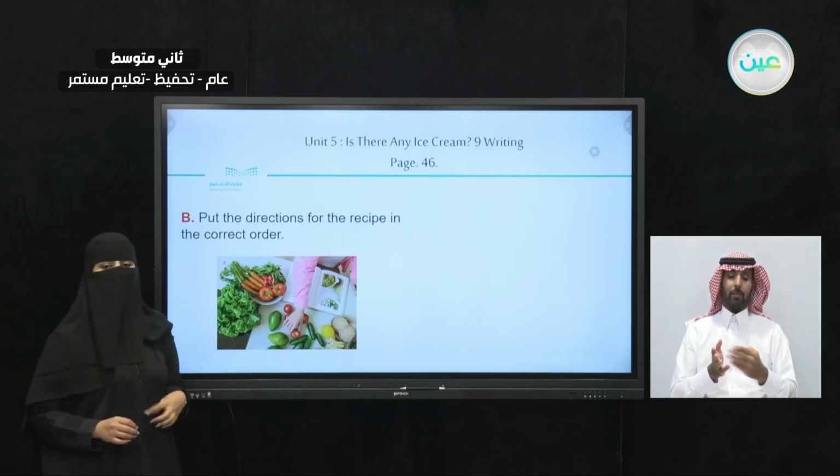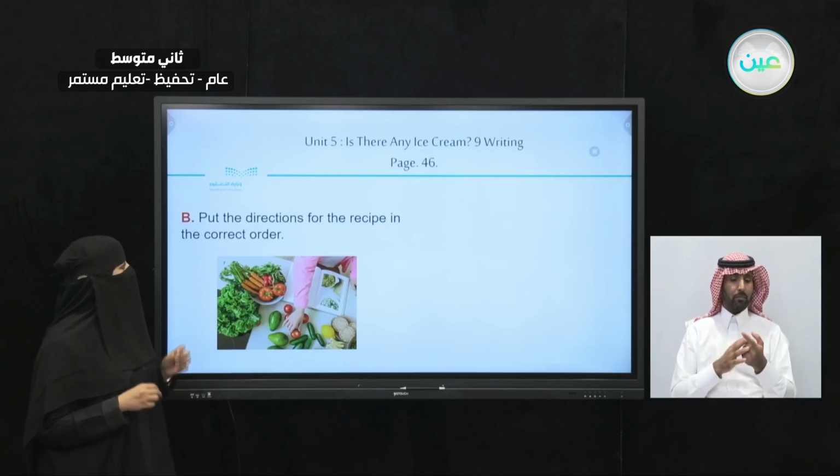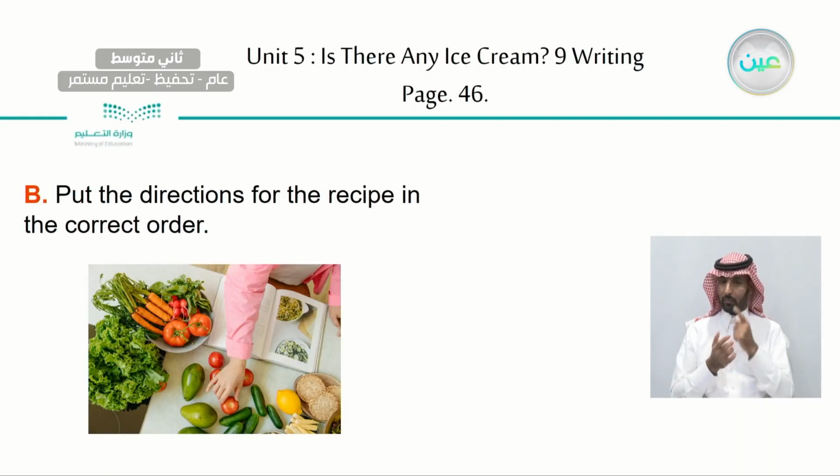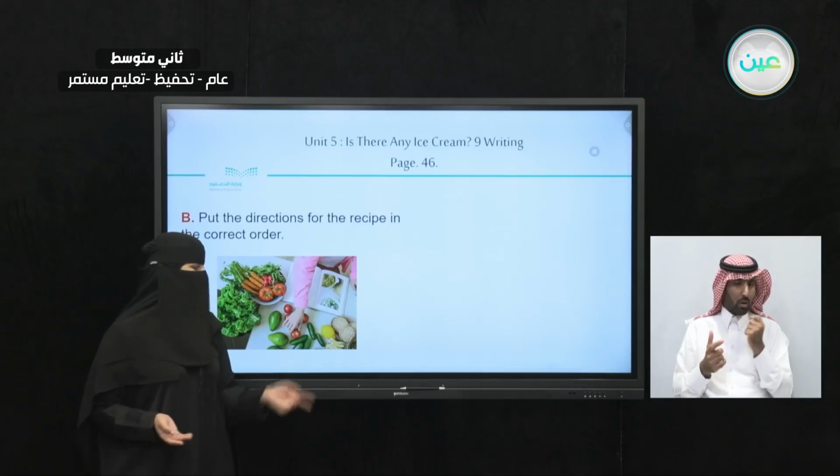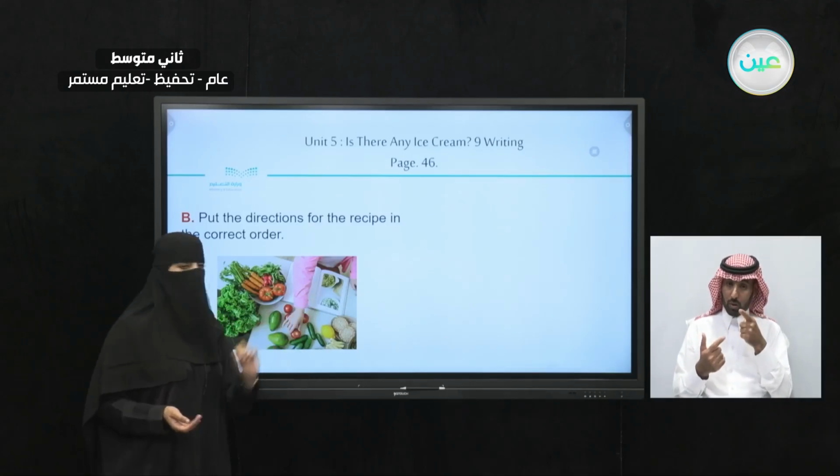Now, let's take a look here. Put the directions for the recipe in the correct order. Look at the picture here. What can you see? What is the woman trying to do? Looks like she's preparing things to make a recipe. How did I know that? Look, here you can see a cooking book.